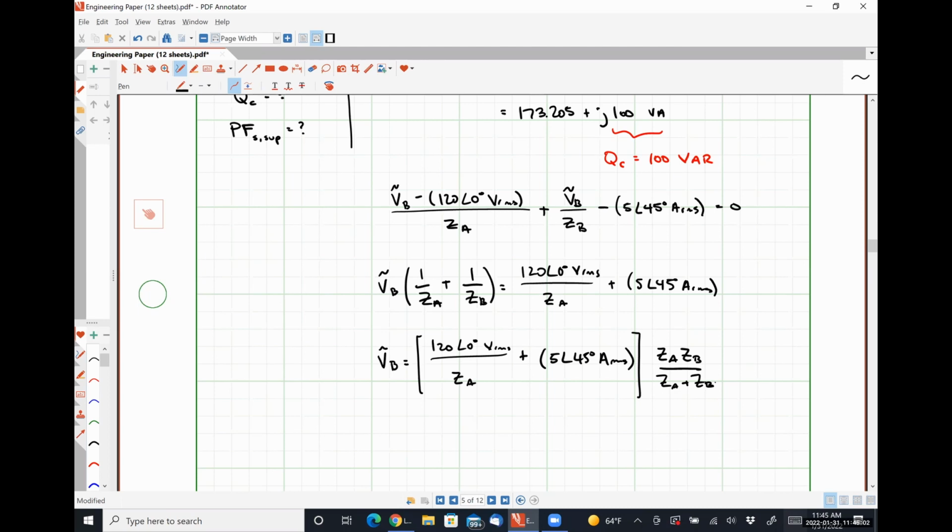This term on the right-hand side comes from the fact that I'm dividing by 1 over ZA plus 1 over ZB, same thing as multiplying by those two impedances in parallel.